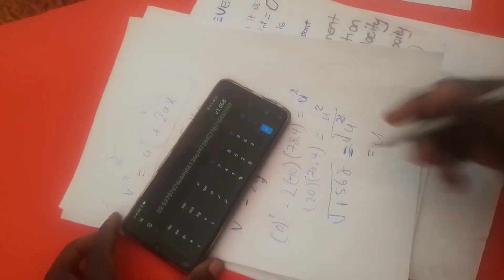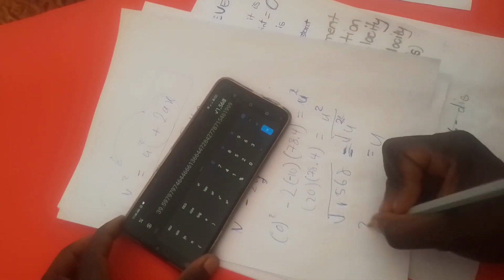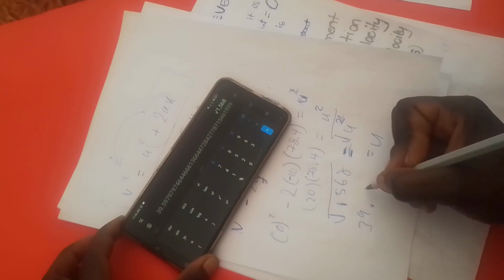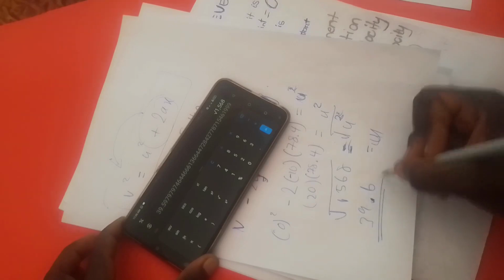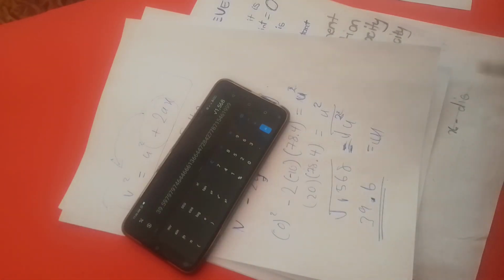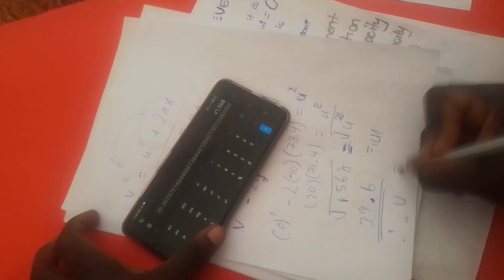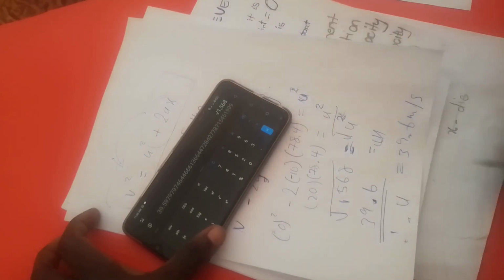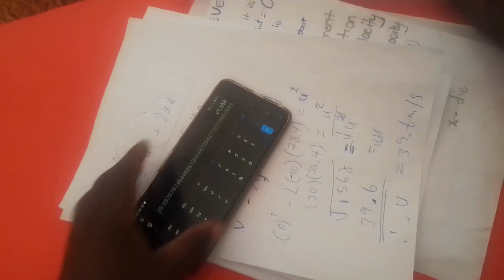When we plug in the value, the square root of 1,568 is equal to 39.6 if we round it to the nearest decimal place. The velocity is in meters per second. So therefore the initial velocity is equal to 39.6 meters per second. Then you're done. So let's move on to the next question now.